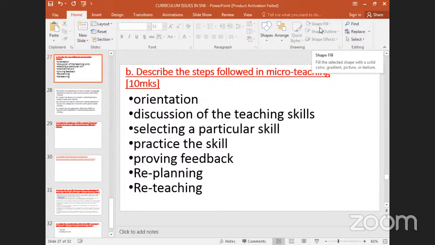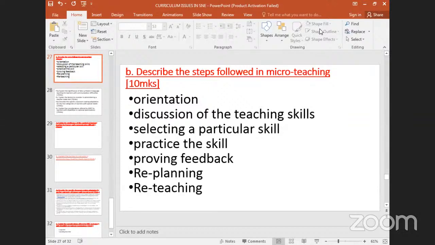While you are organizing for a micro teaching, you will have to orient those that you want to teach on the area that you are going to teach, and let them know what they are going to represent, or which level of the learners they are going to represent while you are taking them through this.